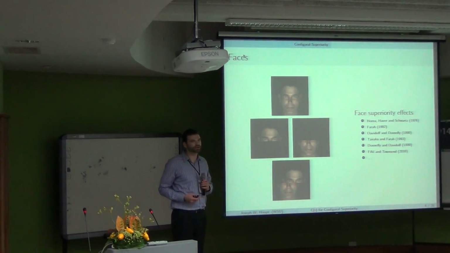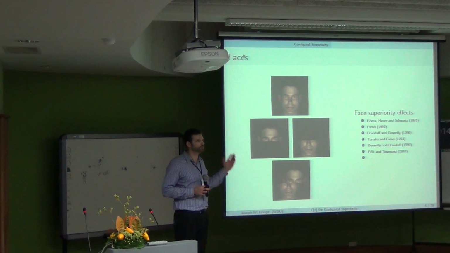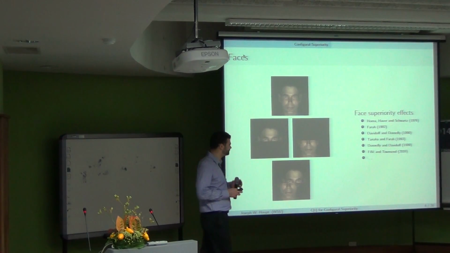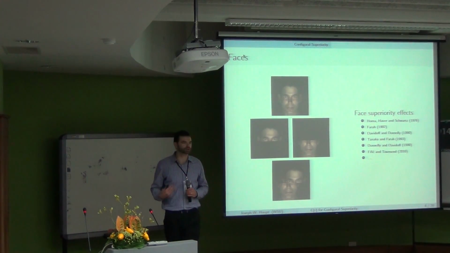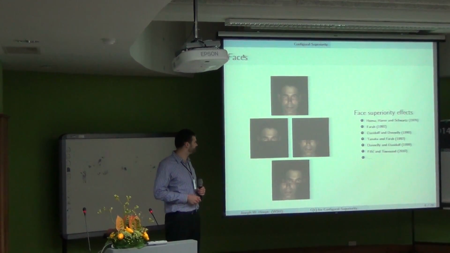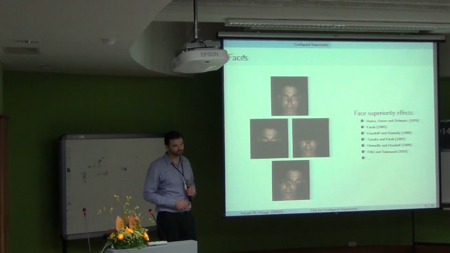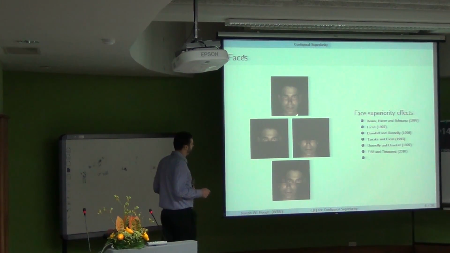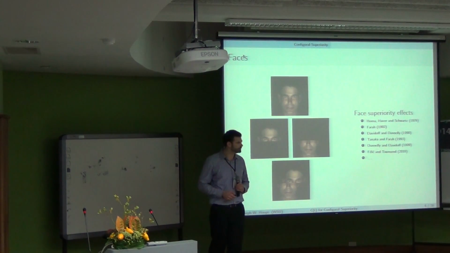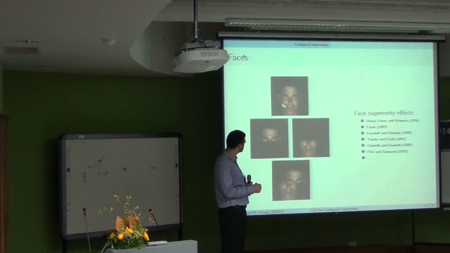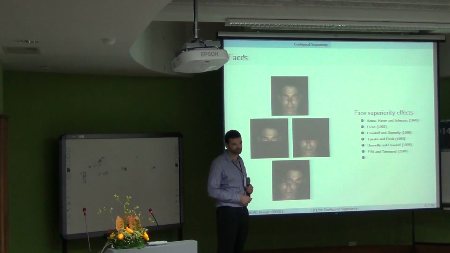A few superiority effects. There are others, but these are ones that show up all over the place in the literature. This is a very small selection of the face literature really talking about configural superiority effects. One example of a configural superiority effect is the idea that when you've got a face in its canonical configuration, you perform better on parts of the face, here when it's in its configuration, than you do with either of those parts alone.